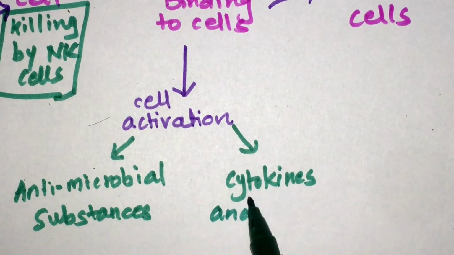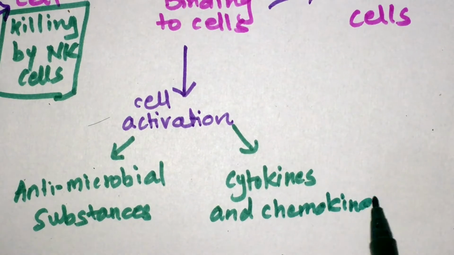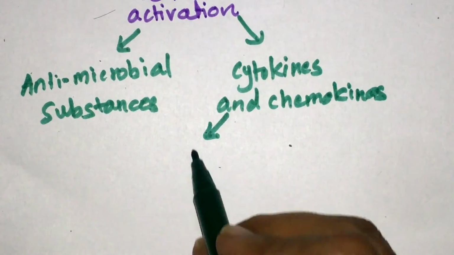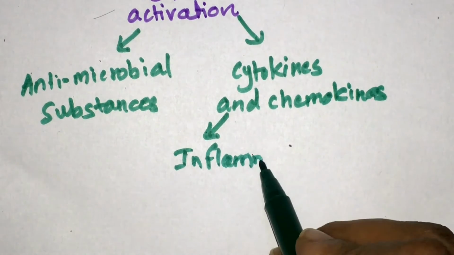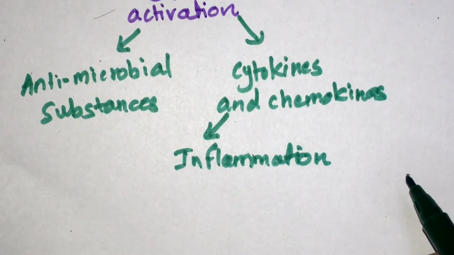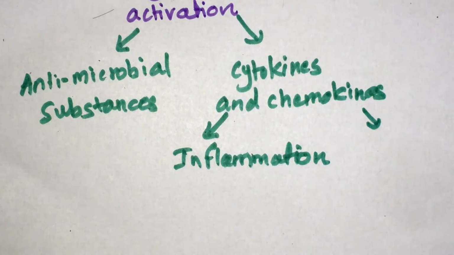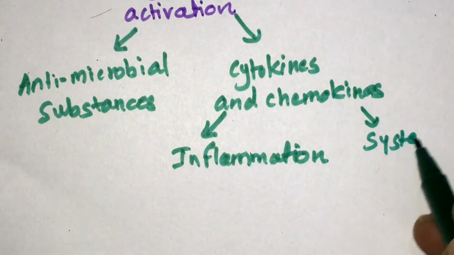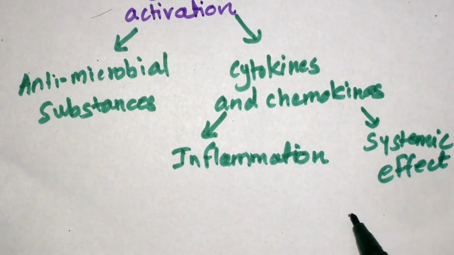Along with cytokines there can be chemokines, which will result in inflammation. We are going to study the inflammation process in detail later on, and there can be a systemic effect, for example fever.